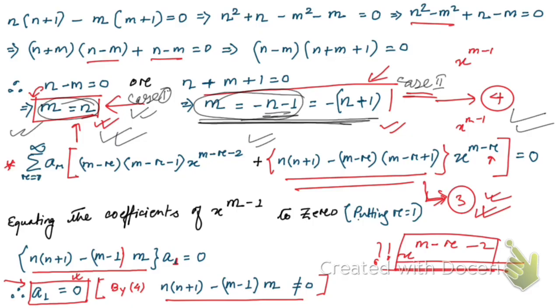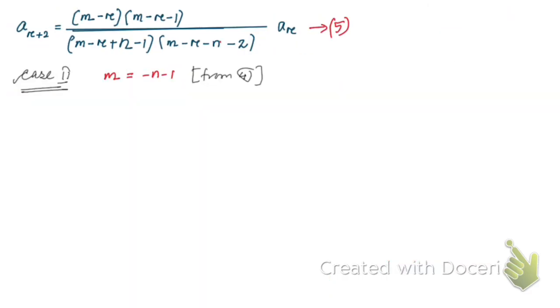Okay, so now if we replace this m by this m, then what we're gonna have here, you see, first let me write it roughly. a plus 2, so m is replaced by minus n minus 1. Here we have minus r, then minus n minus 1 minus r minus 1.